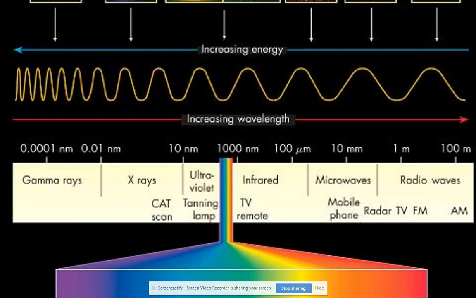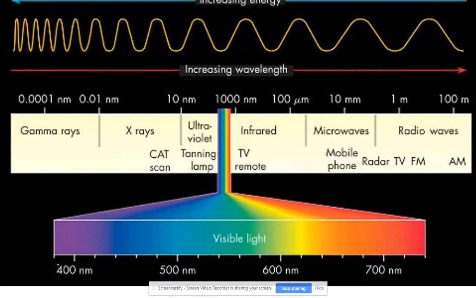What is different is the wavelength or the frequency that's used. Now notice in the visible spectrum, we have it broken out here, and you can see red goes from about 750 nanometers to violet over here, a little bit below 400 nanometers.